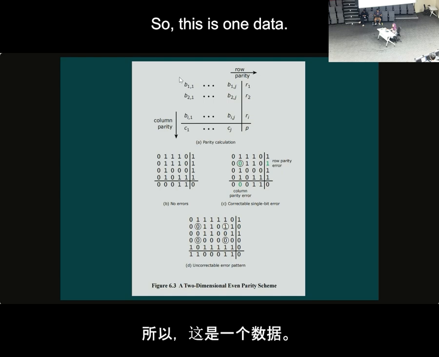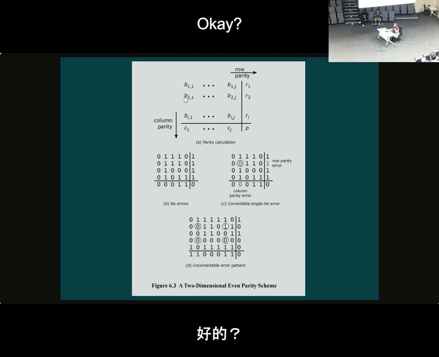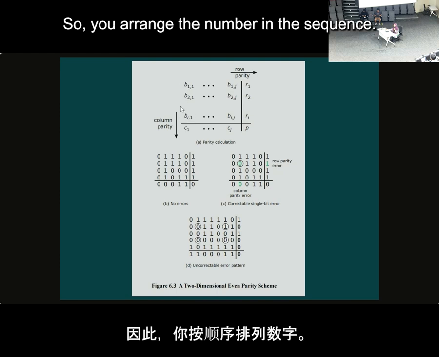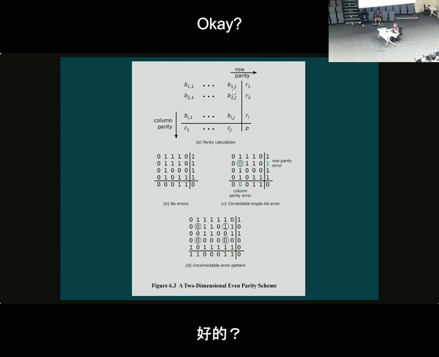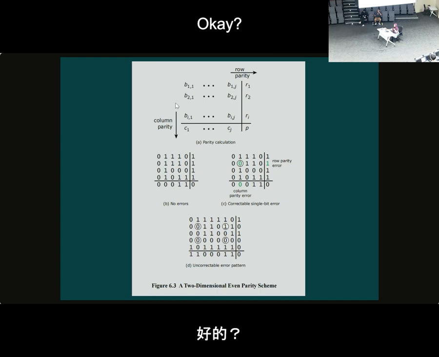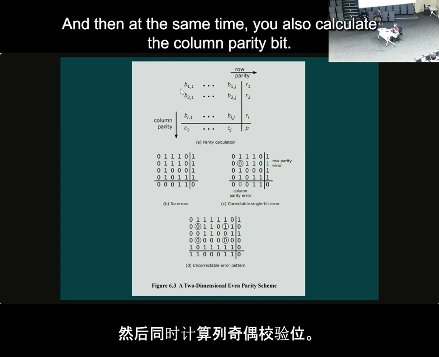This is one data sequence. Then B21 to B2J is another data sequence, so you arrange the data in a sequence. Then for each data pattern, you identify the row parity bit, and at the same time you also calculate the column parity bit.